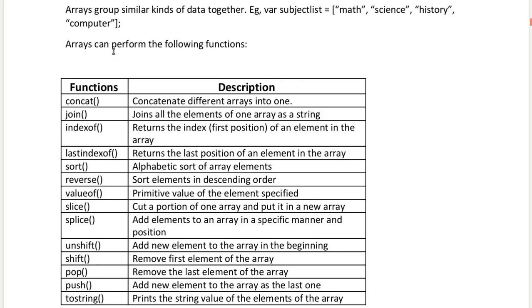Arrays can perform the following functions. Functions, description: concat, concatenate different arrays into one. Join, join all the elements of one array as a string. IndexOf, return the index of the first position of an element in the array.